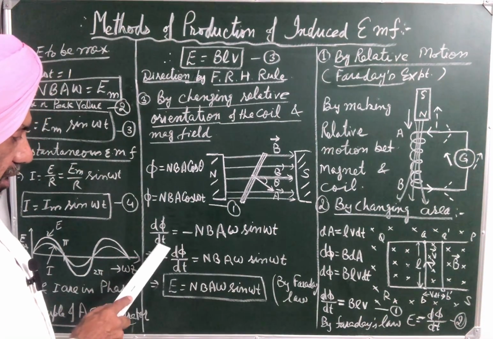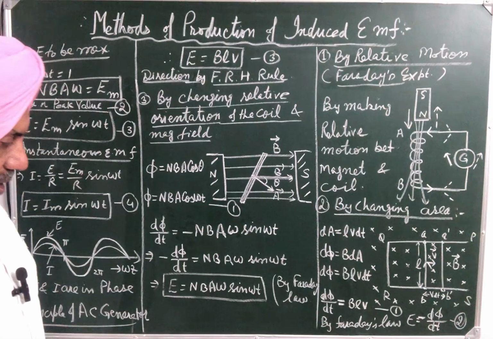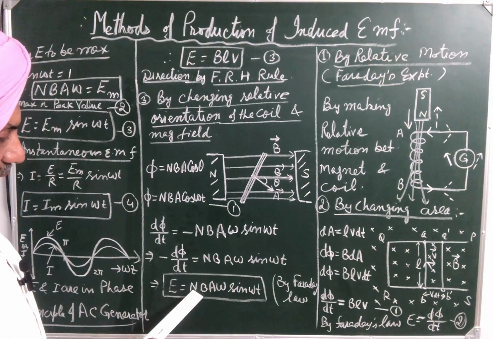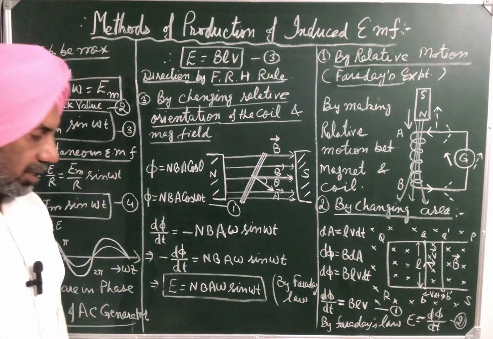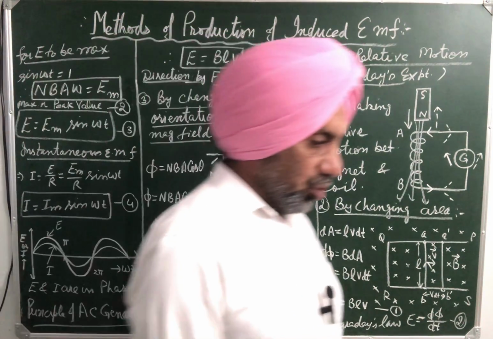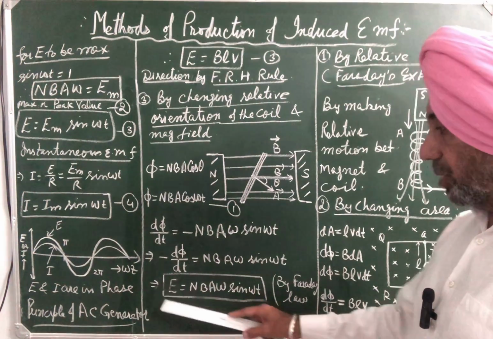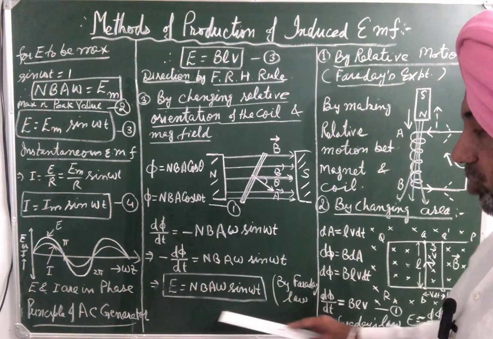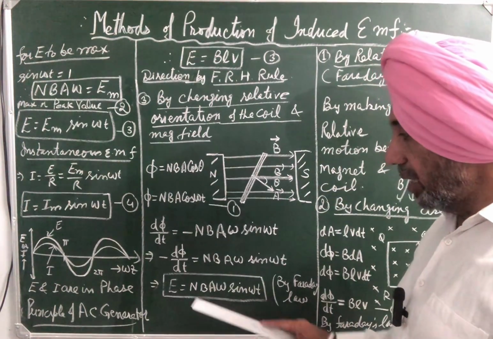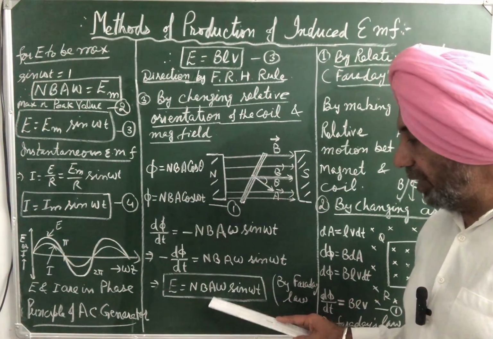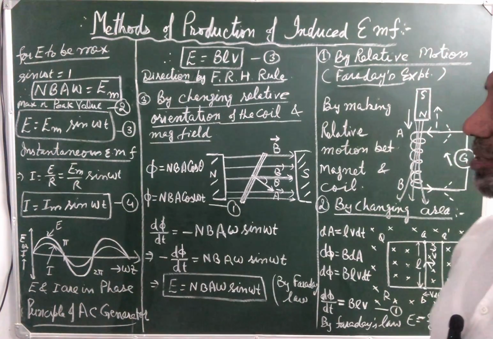Transposing, minus d phi by dt is equal to NBA omega sin omega t, or E is equal to NBA omega sin omega t, by Faraday's law of induction, because induced EMF produced is equal to minus d phi by dt. So this gives the expression for induced EMF produced by changing orientation, in terms of the number of turns N, the magnetic field B, the area of the coil A, and omega, the angular frequency.